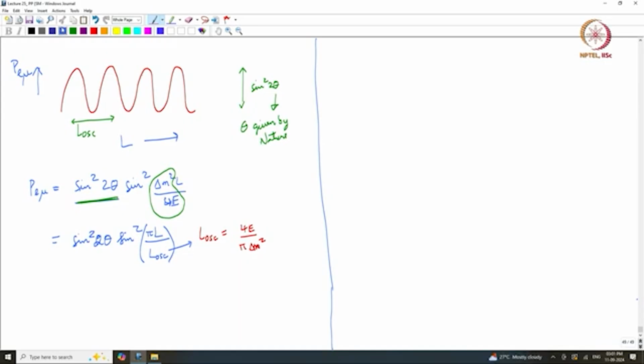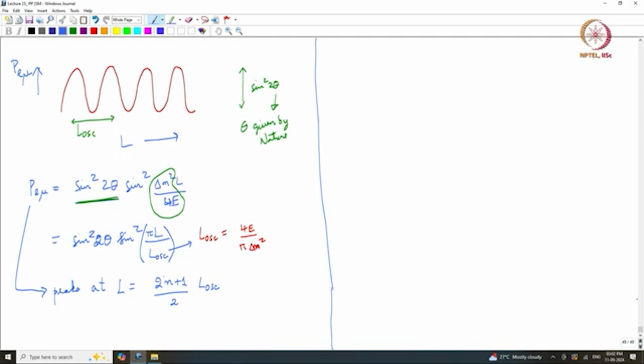So this basically gives us an idea of where the probability peaks. Okay, it peaks at (2n plus 1) over 2 times the oscillation length.